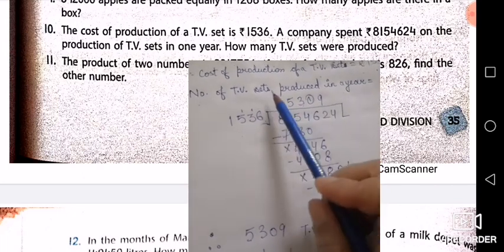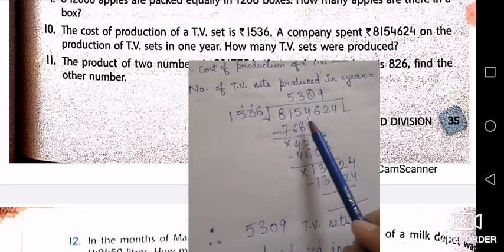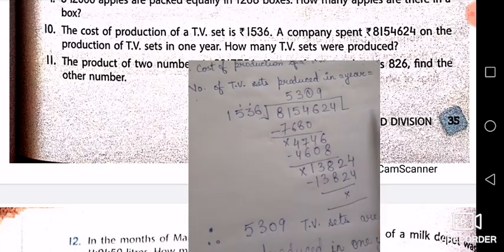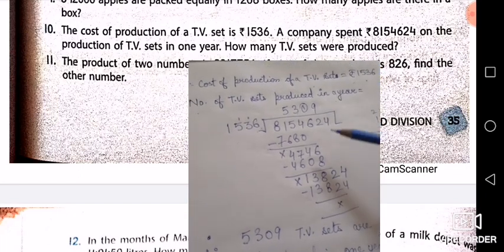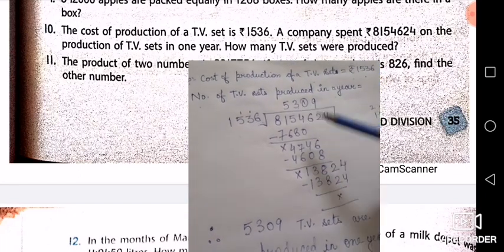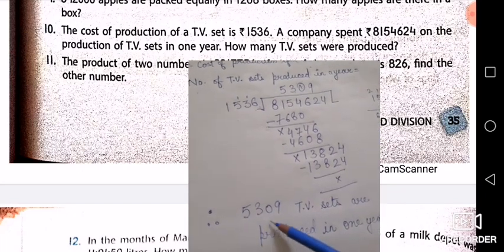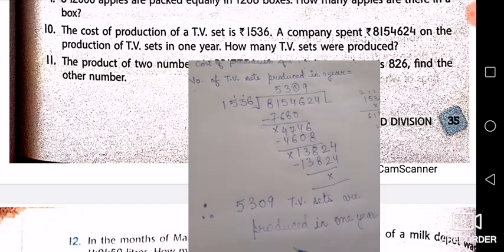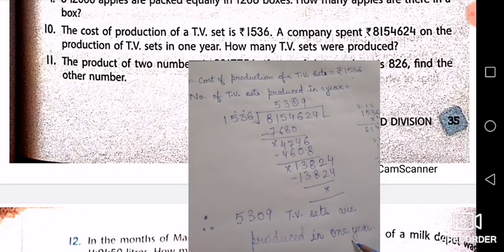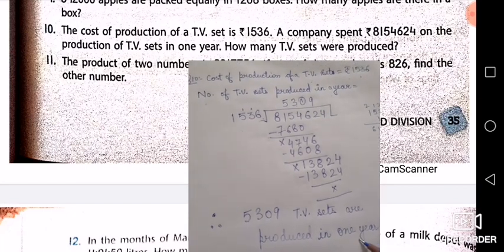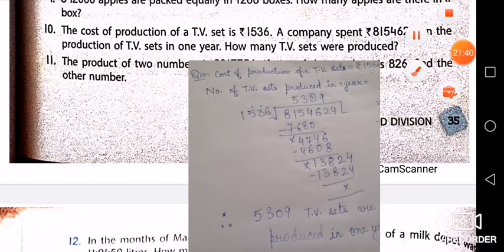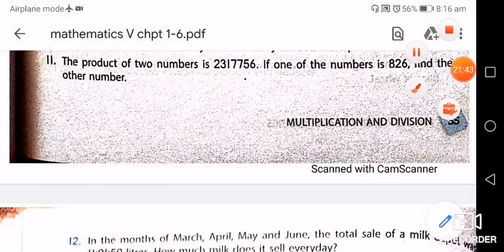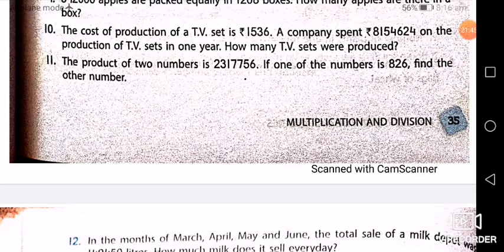So what you have done, you have divided that 81,54,624 by the cost of 1 TV set. After doing the division, you will get this quotient. So therefore 5309 TV sets are produced in 1 year. I hope this question is clear to you all. Quite an easy question, but the only thing is you have to understand the concept, how you have to do the question.